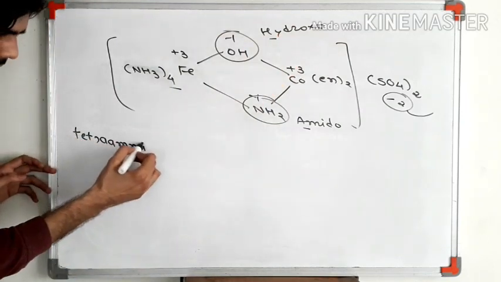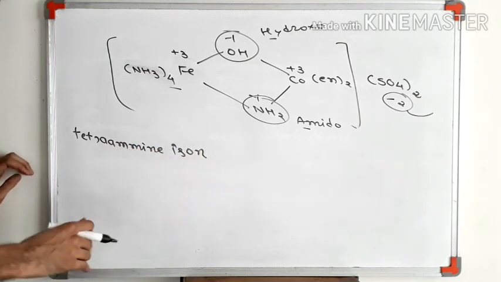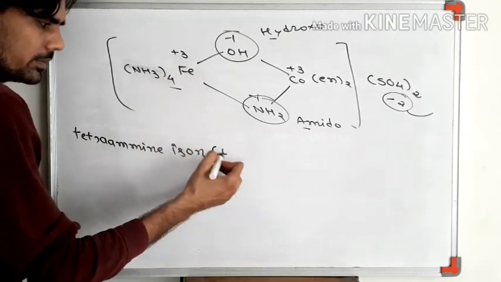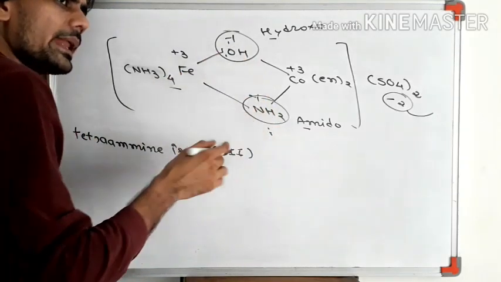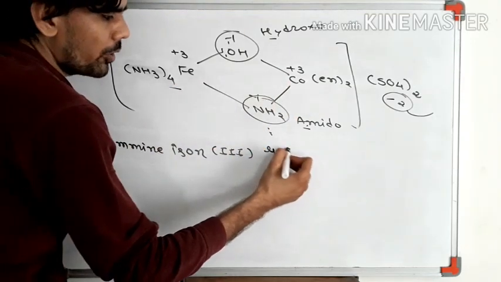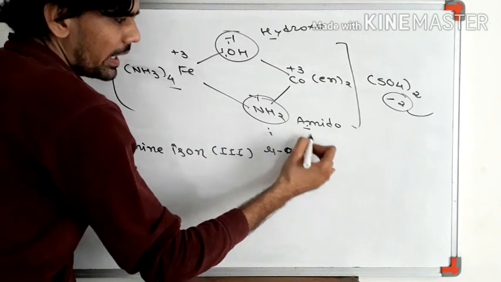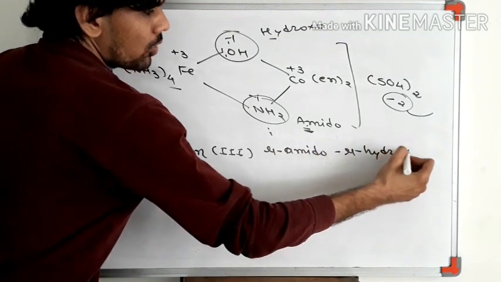Now tetraammineiron(III). Both ligands are combined with two different metal ions. First you have to apply mu-amido, alphabetical order, after that mu-hydroxo.